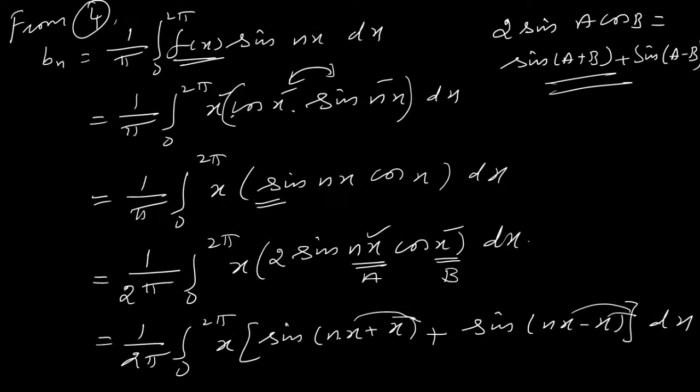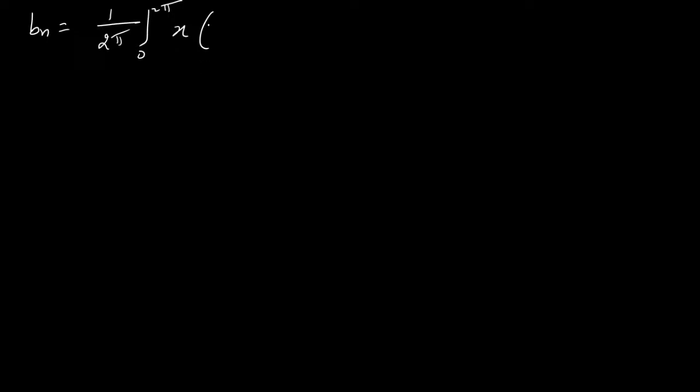So in your next step, here bn is equal to 1 by 2 pi integral 0 to 2 pi x product sine of, if you take x outside, n plus 1x, here you have n minus 1x, am I right? So here you have x product sine of n plus 1x plus sine n minus 1x dx.